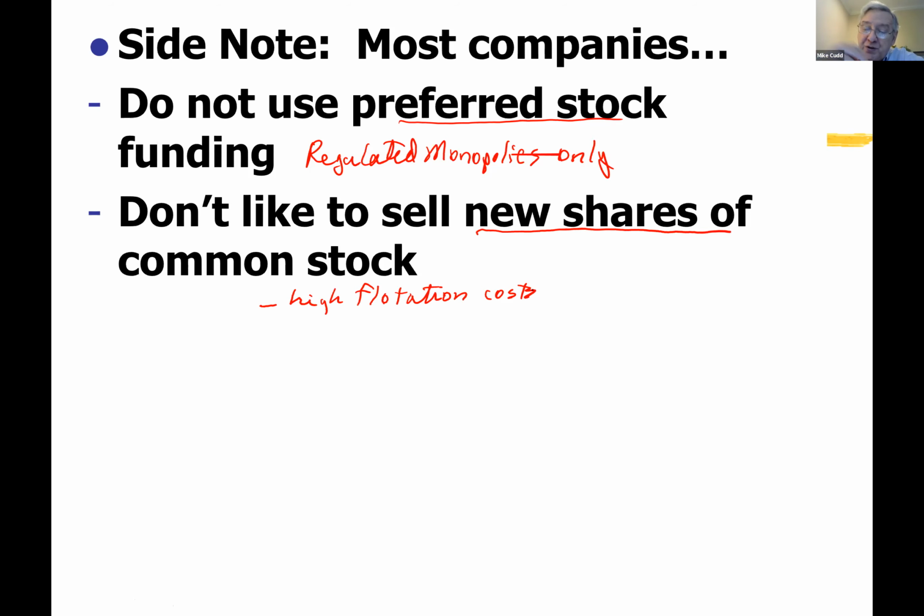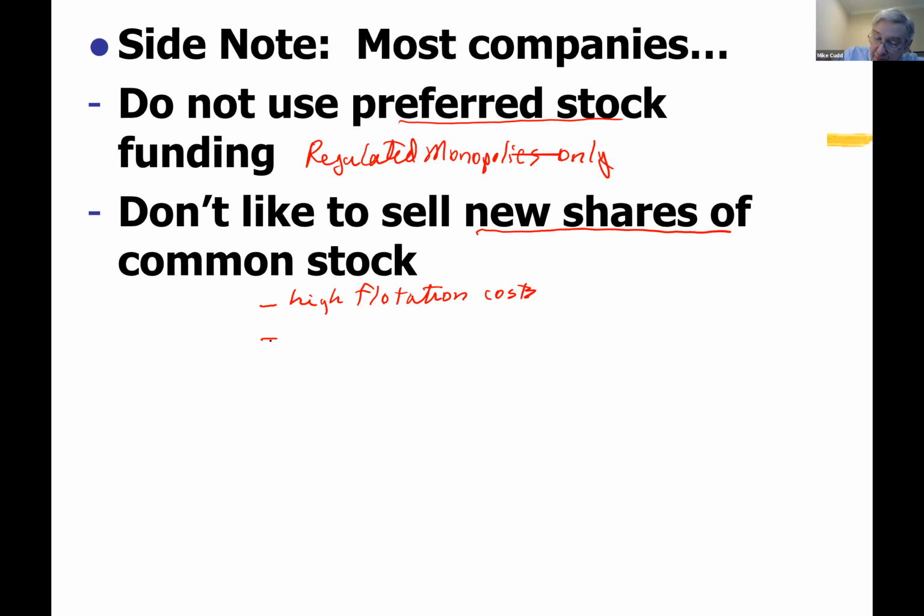When companies sell new shares of anything, they use investment bankers. Investment bankers charge a fee. The riskier the security, the more they charge in flotation costs. And stock is riskier than debt. So if a company decides to sell new shares of common stock, they incur high flotation costs.